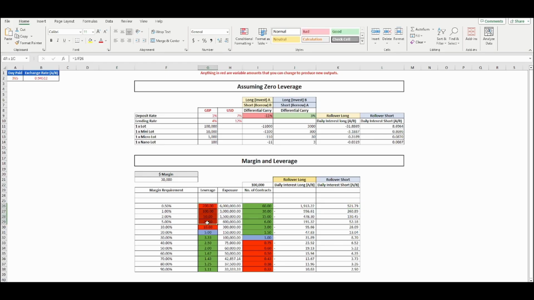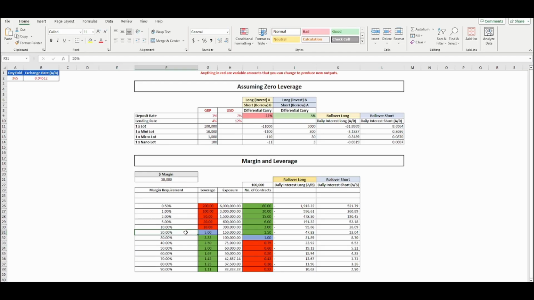Now, what's highlighted in red on both columns here is the dangerous zones that essentially we don't want to be trading with these margin requirements, this leverage on this trading account size, because that's when the risk of your account essentially being wiped out becomes quite high.